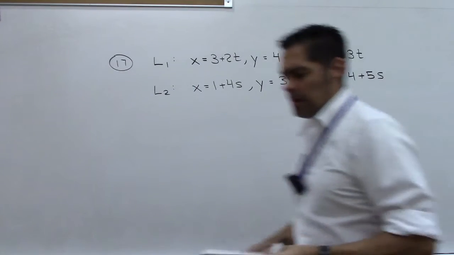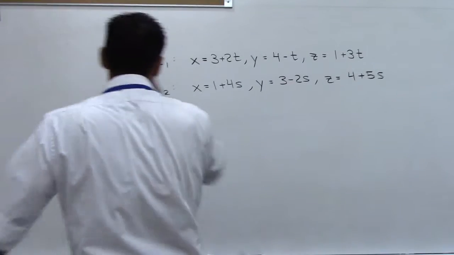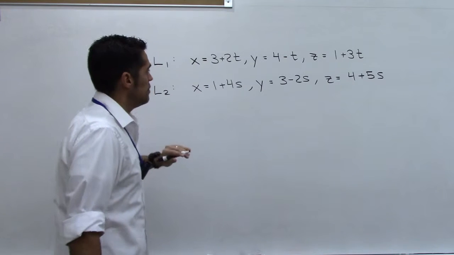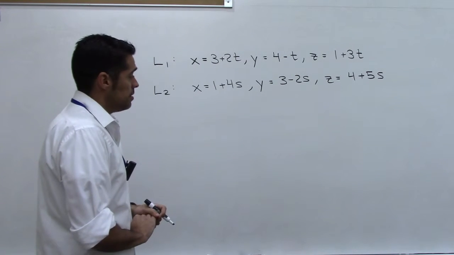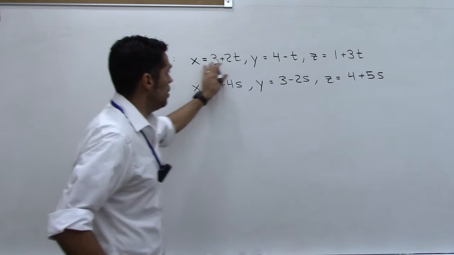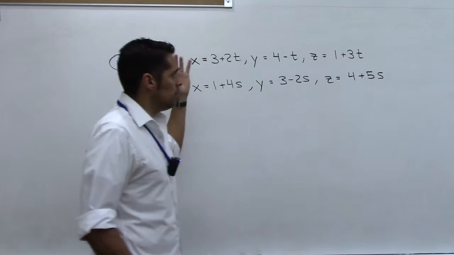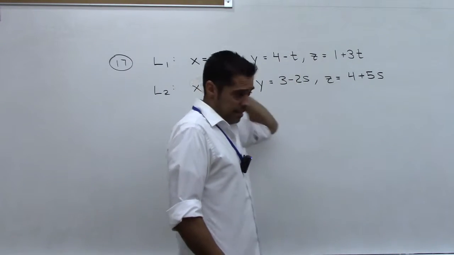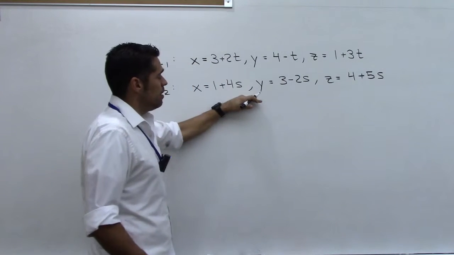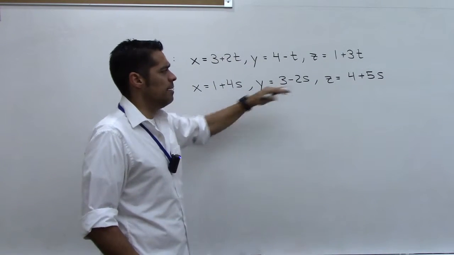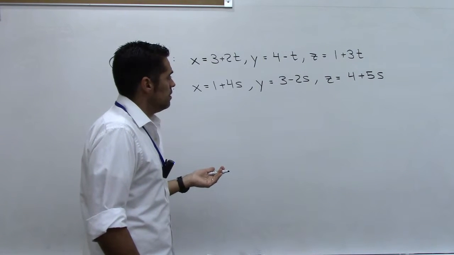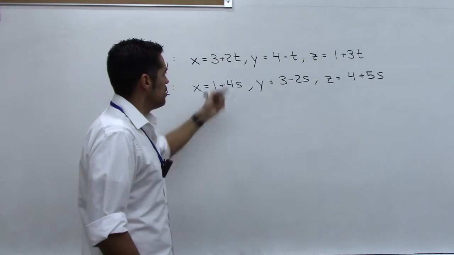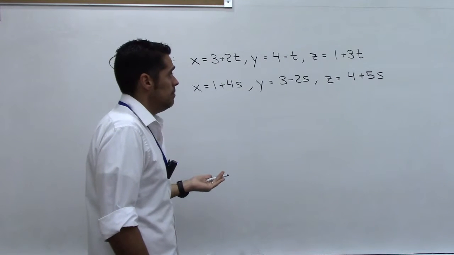So they're using the variable s in the second line as opposed to t in the first line. That's just because you want to be able to draw this one, letting t be all real numbers. That'll draw the entire line. And then this one, you could use t again, but we're going to use s because there's nothing that says you have to draw both these lines at the same time.